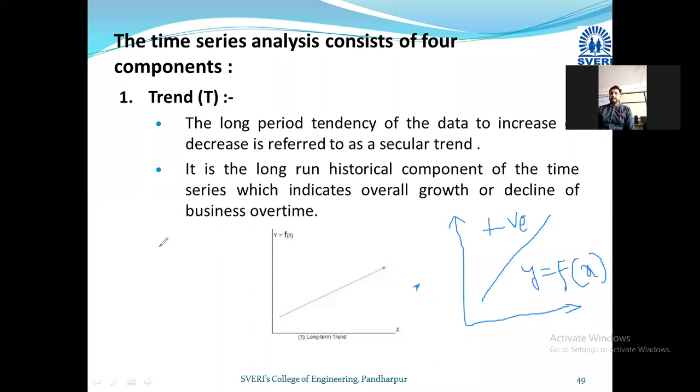And what will be the negative trend? Negative trend will be in this manner. Okay, so that will be the negative trend.